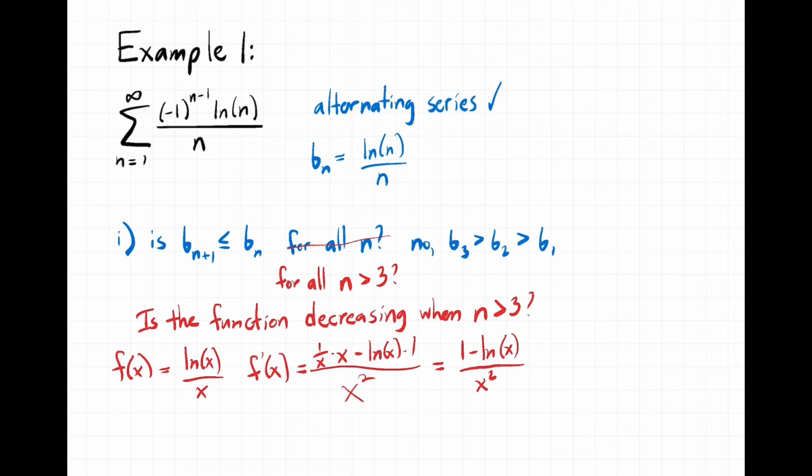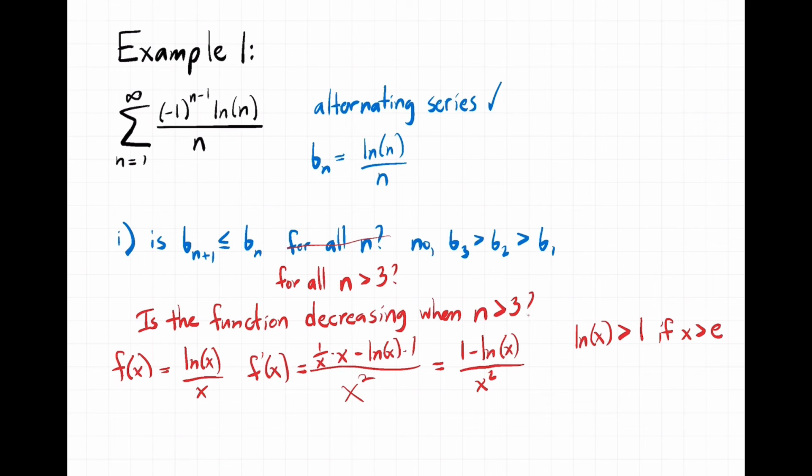And when is the natural log of x greater than 1? Well, the natural log of x is greater than 1 if x is greater than e. The natural log of e is 1. Any x greater than e, the natural log will be more than 1.